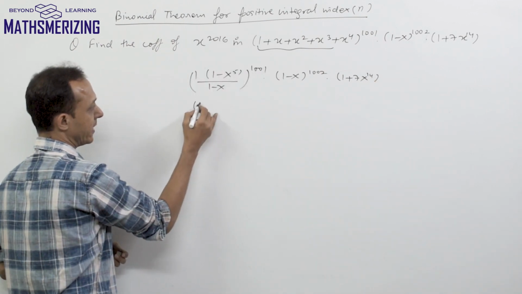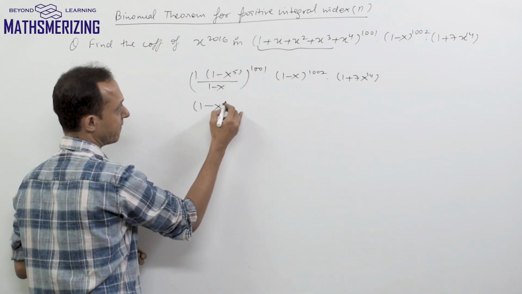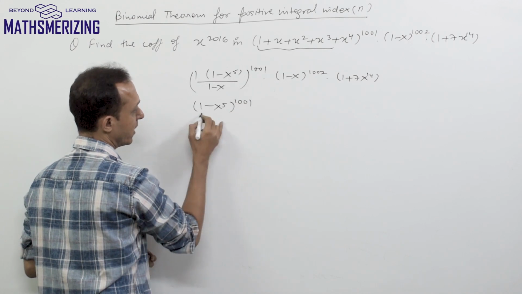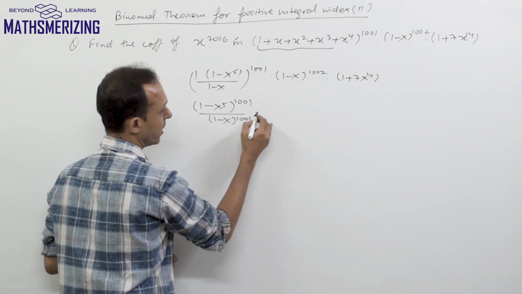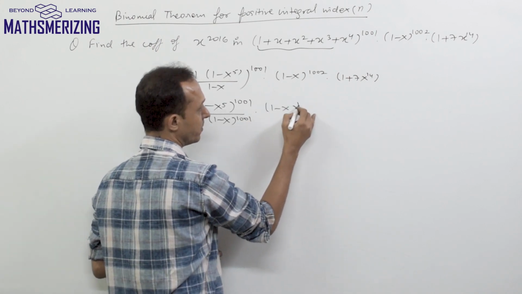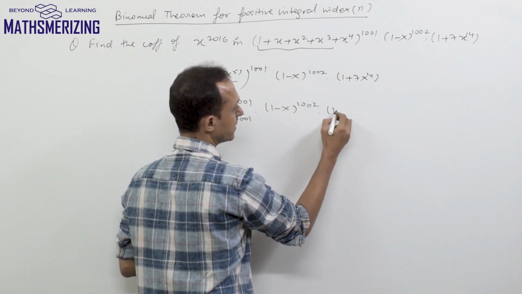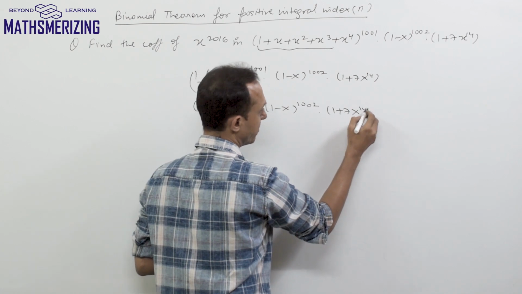So I'll write it as ((1 − x⁵)/(1 − x))¹⁰⁰¹ times (1 − x)(1 + 7x¹⁴).